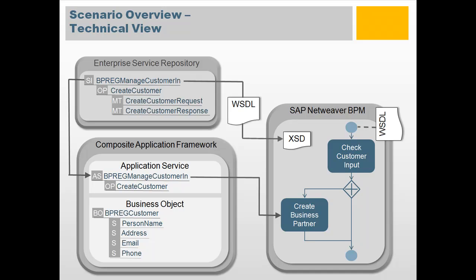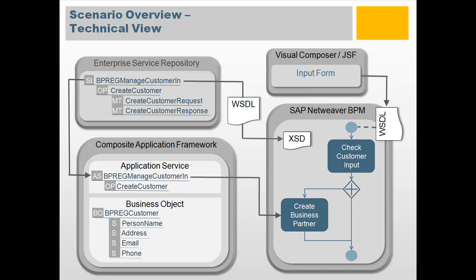After all this, we will expose our process to the outside world through a custom WSDL. This WSDL will have some custom input parameters as well and will serve to start up the process. We can use this WSDL in a visual framework like Visual Composer, Java Server Faces or WebDynpro to start the process.